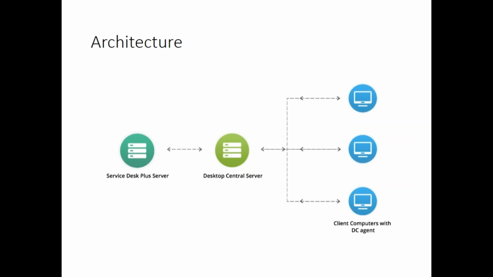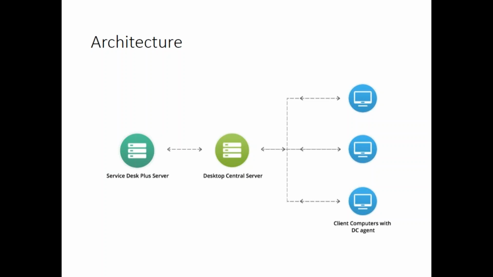Let's have a quick overview of the product integration architecture. The architecture focuses on two important aspects. One is data communication between these two products. When I say data, I mean asset information from all the client machines.